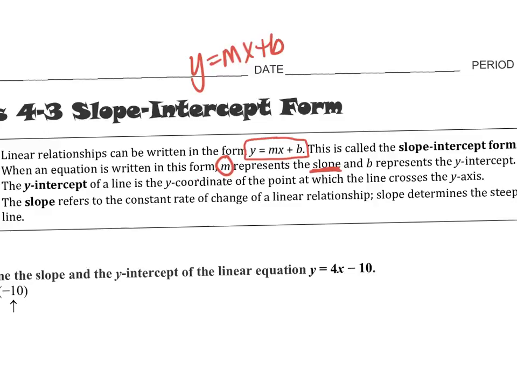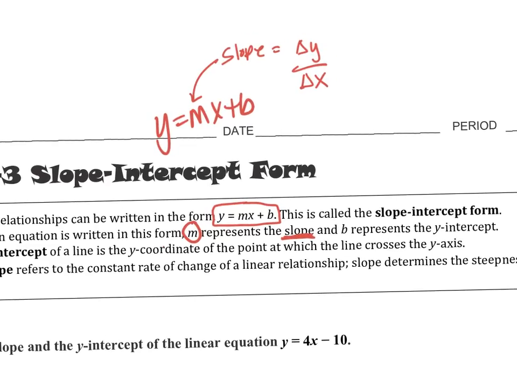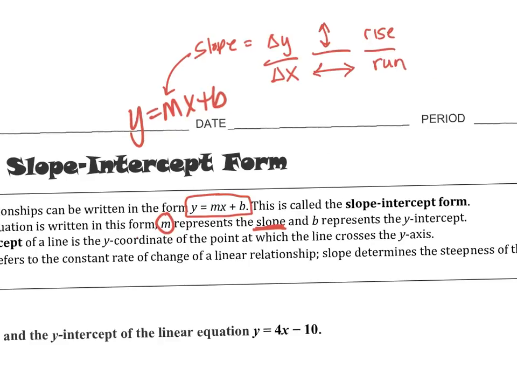It's your change in y over your change in x, your vertical change over your horizontal change. It's usually a fraction, or when we look at graphs, we can think about it as rise over run.